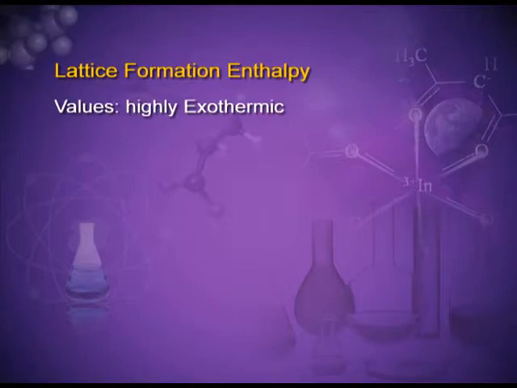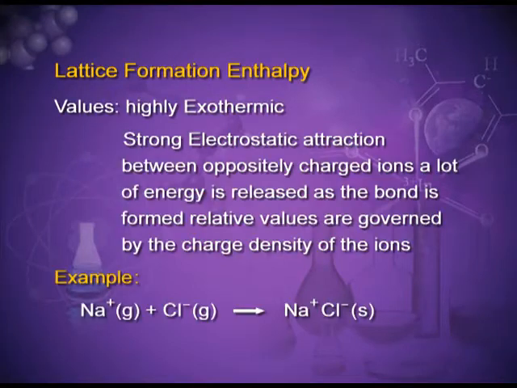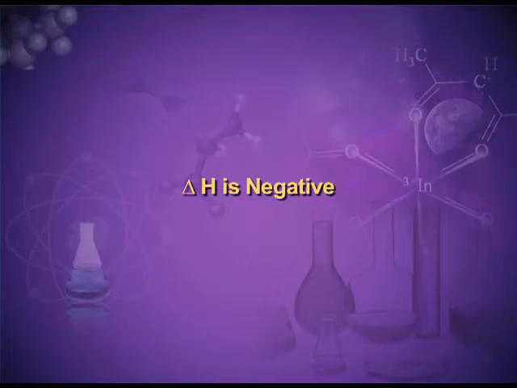The lattice formation enthalpy is highly exothermic. It is strongly exothermic because there are strong interionic bonds between the oppositely charged ions. And when the two oppositely charged ions make a bond, large amount of heat energy is released. Delta H is negative.